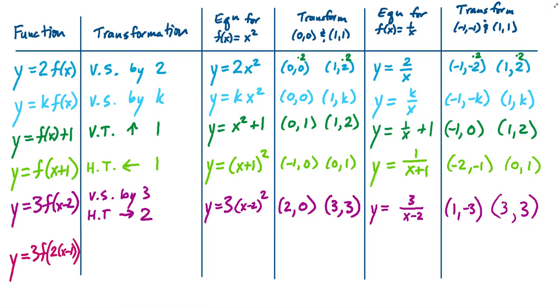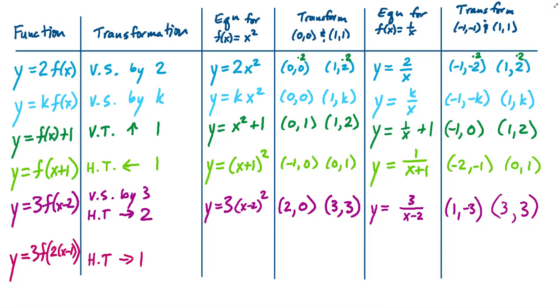Well, we have an x minus 1, so we are shifting right by 1. We have a horizontal translation to the right by 1.